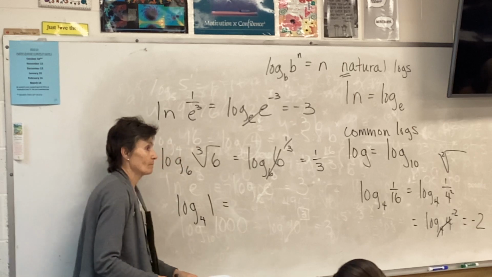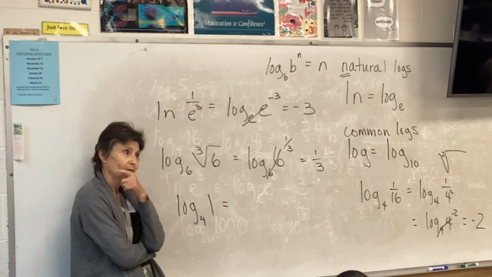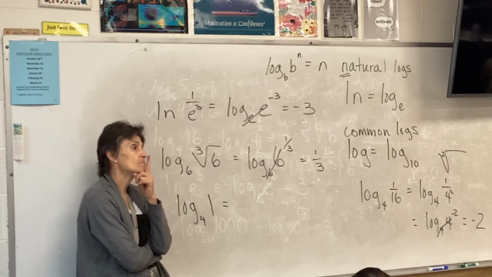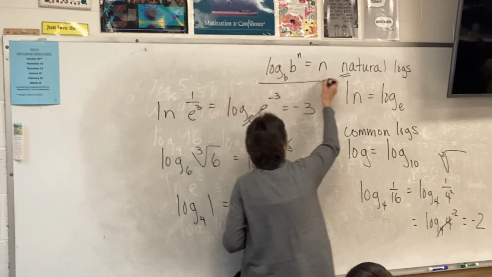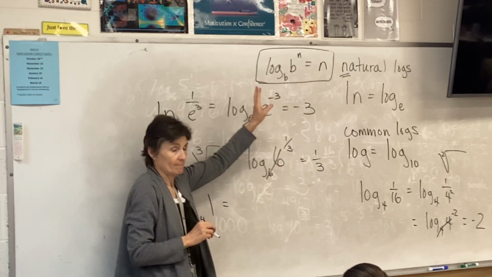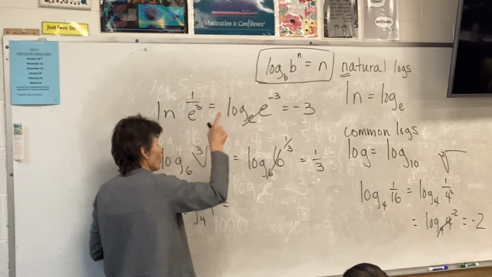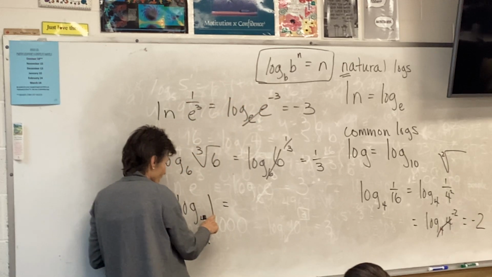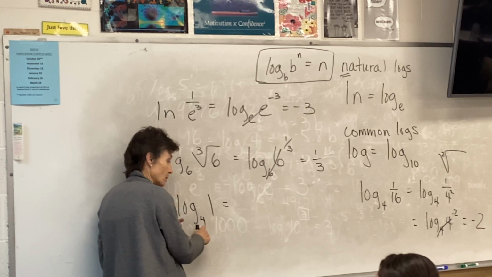Is that a 1 or an L? 1. Now, keep in mind that this is the rule that we are living by right now. That's a big rule. But in order to use that rule, that can't be a 1, that has to be a 4.